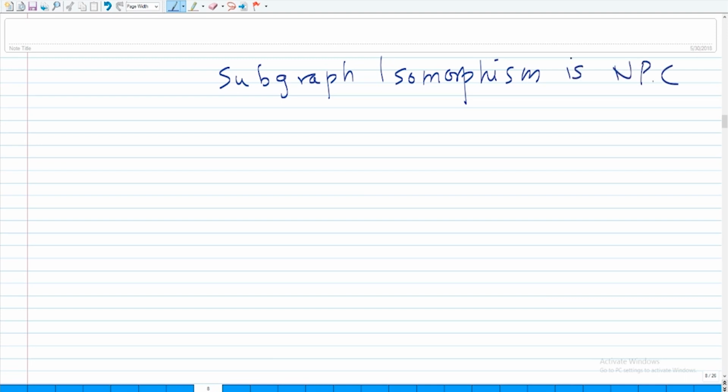Okay, how do we show it is in NP? I have this graph G and I have this H, and I claim that H is sitting inside G. Suppose the answer is yes, what would be a proof that will convince me that there is a copy of H inside G?